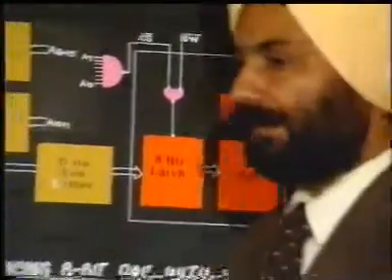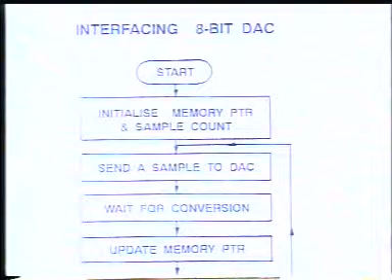Let's see the programming requirements of this. In this case, if we see the flowchart, the first block is to initialize the memory pointer and the sample count. That means here we intend to convert a number of digital samples into analog signals.